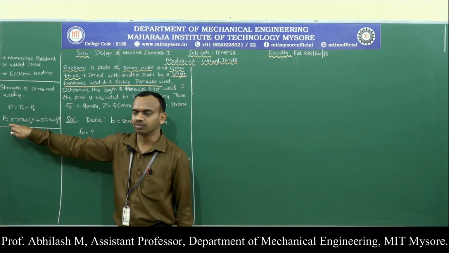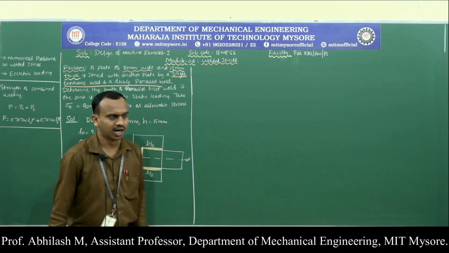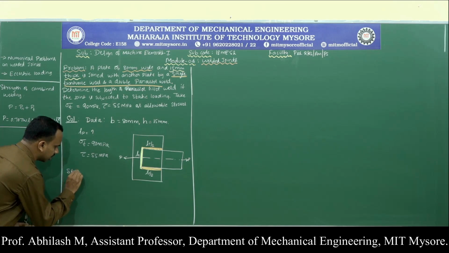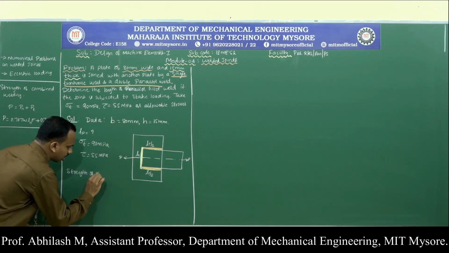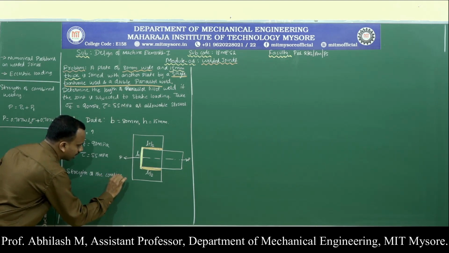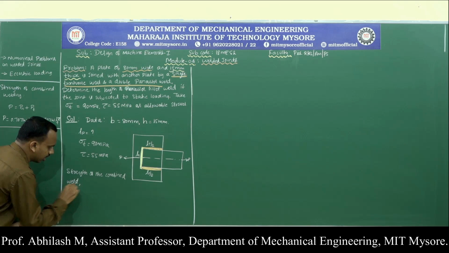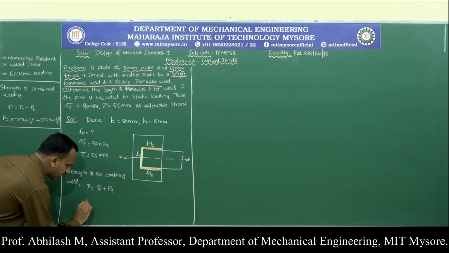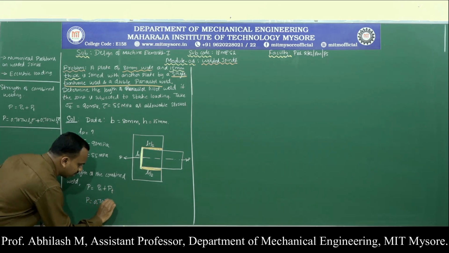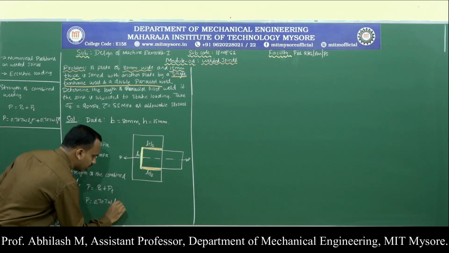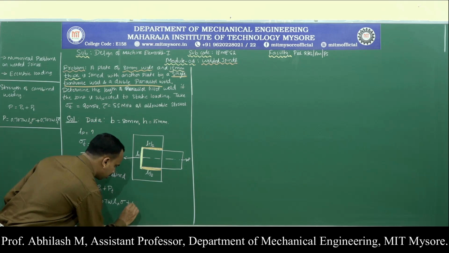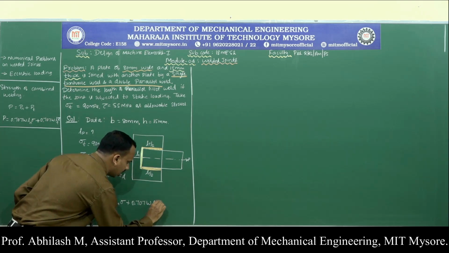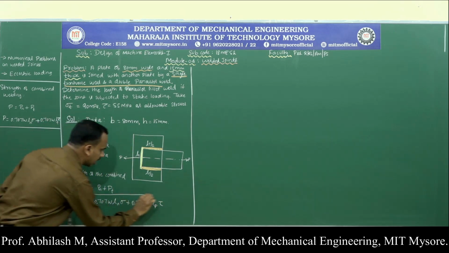In general, the strength of the combined weld is given by P is equal to Pn plus Pt, where P is equal to 0.707 W into Ln, the length of the normal weld, into sigma, plus 0.707 W into Lp, into tau. So this is the general expression.